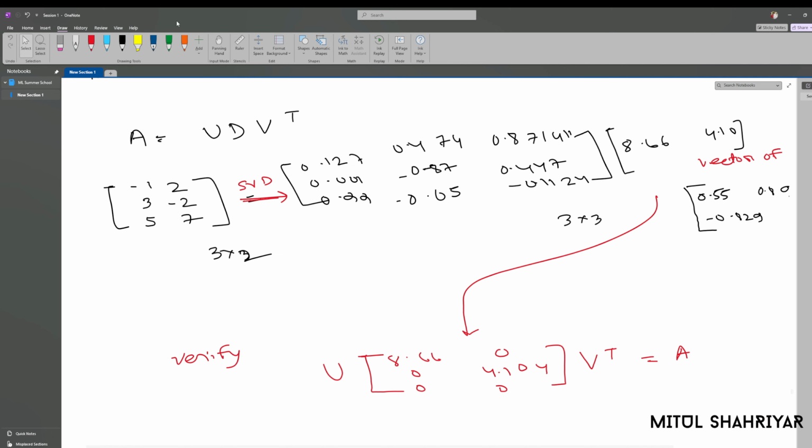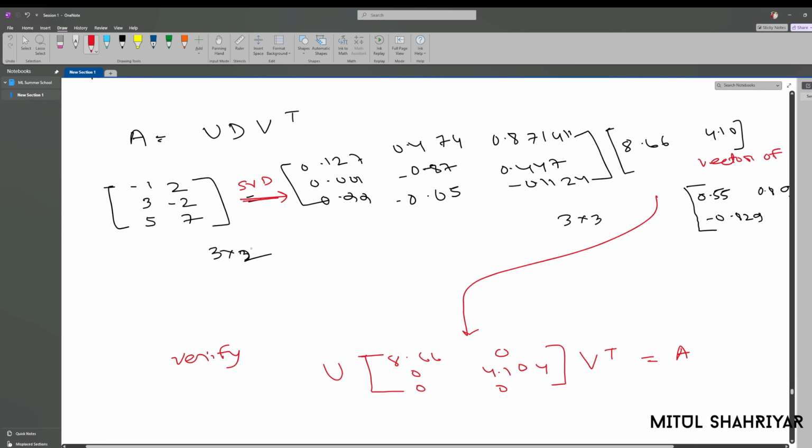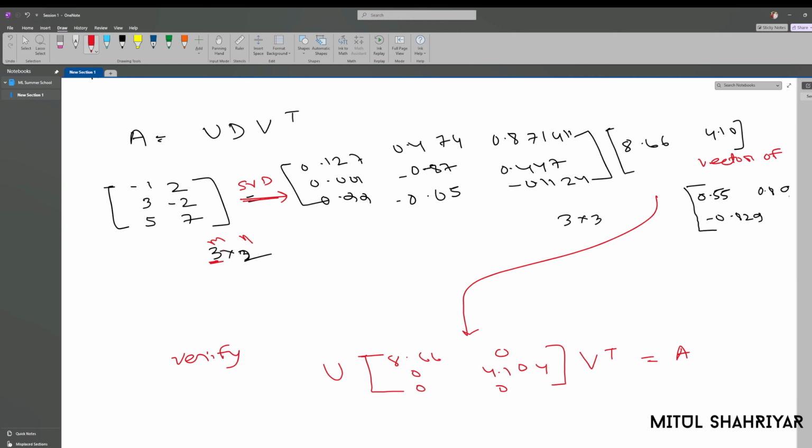and this is not a rule. The rule is basically, if we say this is M and this is N, M into N, then what we get here is M into M, and as we have N, we'll have N number of values here. Again here we'll have an N into N matrix.